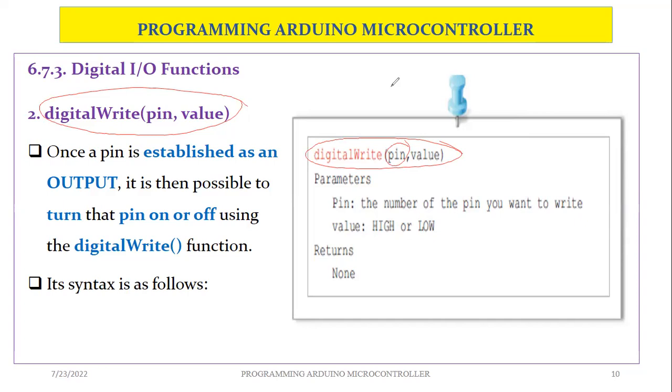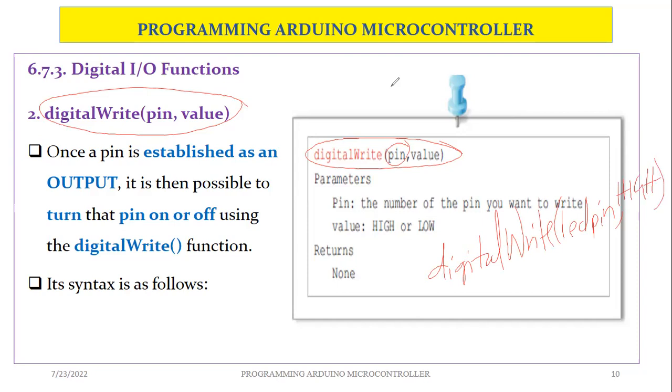So in case we want to write to digital pin number 13 where the LED is connected, I will just say digitalWrite, the LED pin, that is of course pin number 13. Then we specify the value we want to write there. For example, if I want to turn it on, I will put HIGH there.